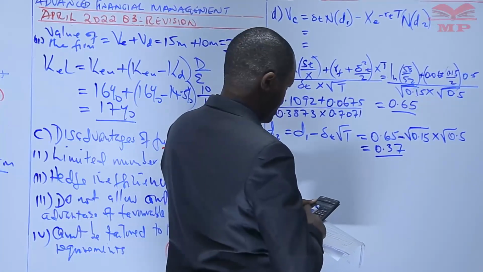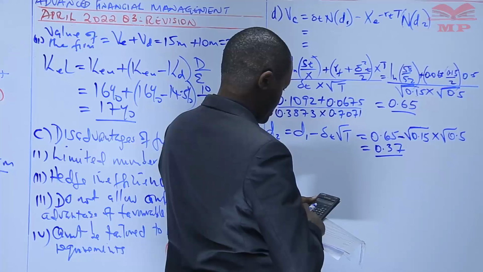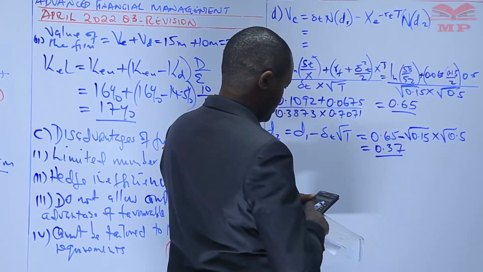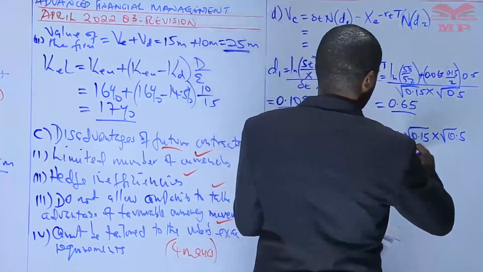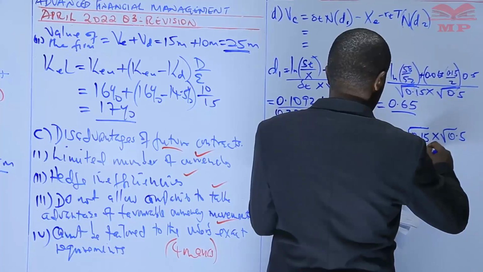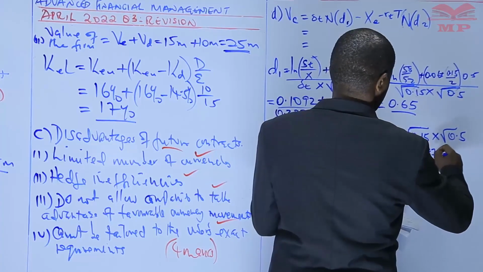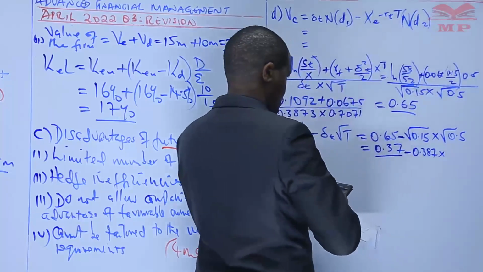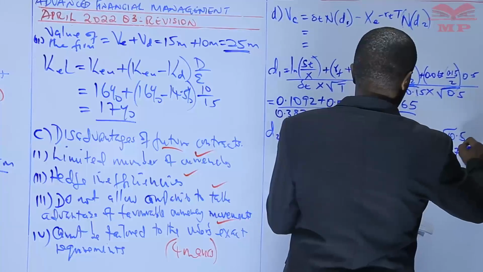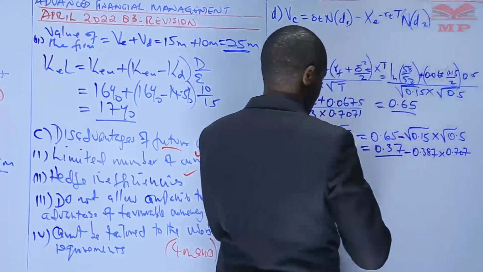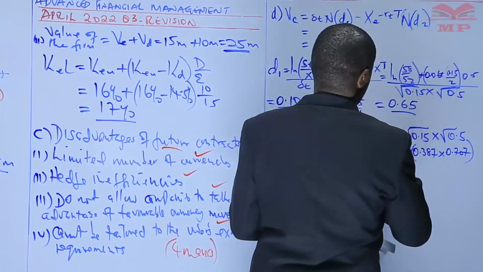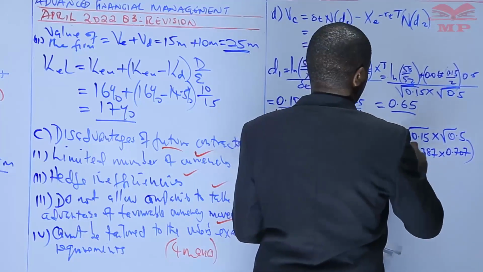I have the square root of 0.15, which is 0.387, times the square root of 0.5, 0.707. So this is subtracted from 0.65.